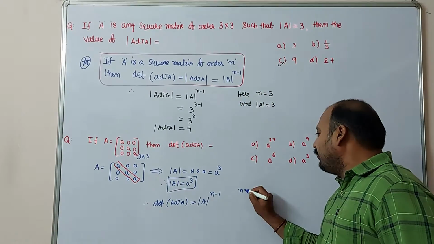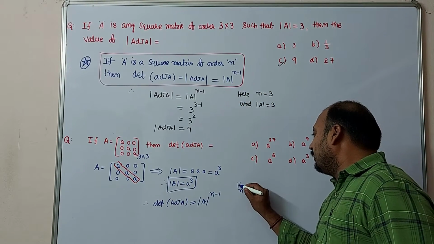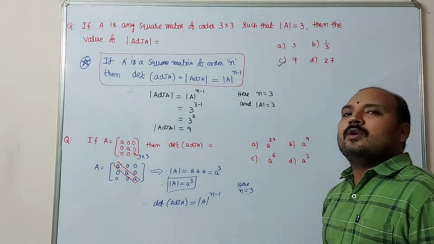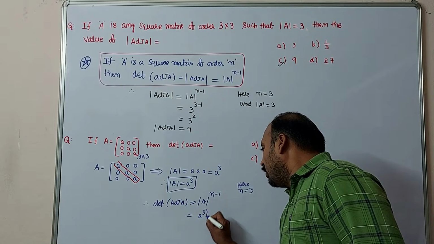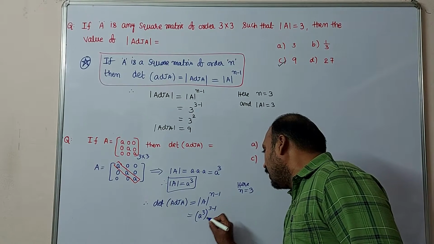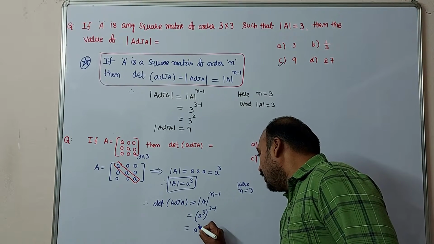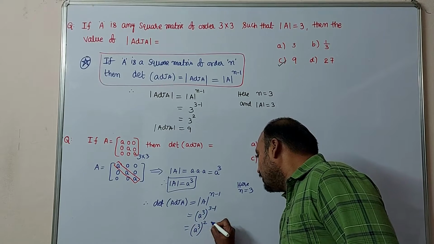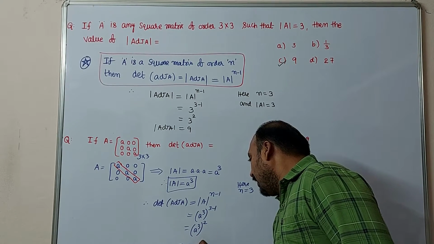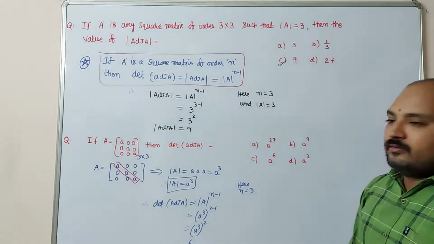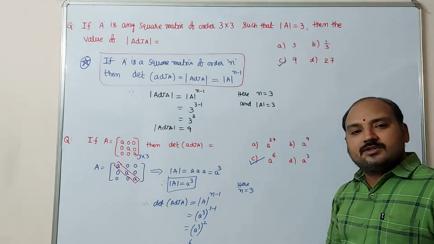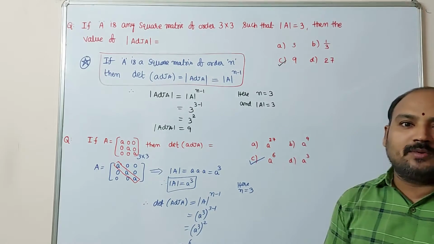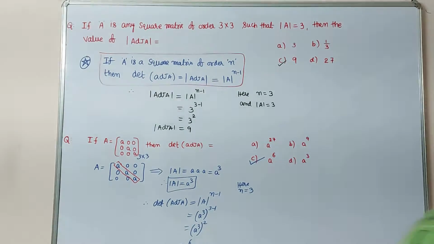The det A value we got is A cube. So A cube whole power 3 minus 1, that is A cube whole power 2, which is equal to A power 6. A power 6 is there in the third option. We will move to the different questions.